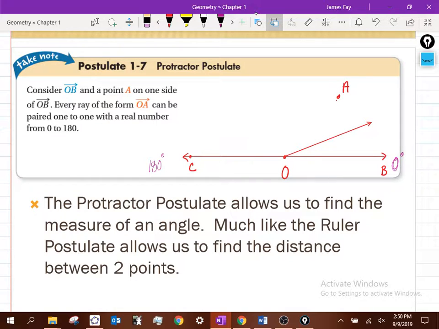And if that's A, is that going to be paired with a number different than what it was when it was here? And it's going to be between 0 and 180. So no matter where this ray is, each one of these places that I stop, it's going to be paired with a number between 0 and 180. Well, if I were to trace that out, what kind of shape do we get when I trace that out?